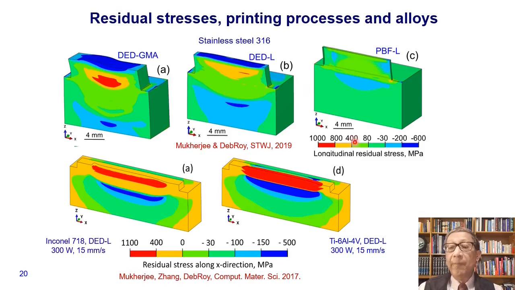We can also compare different alloys for the same processing conditions to see which one is more susceptible to distortion and residual stress, and those calculations are also much more accurate than doing it simply by the commercial codes, because most of the commercial codes like ANSYS and Abaqus do not take into account the flow of liquid metal inside the pool, and therefore the temperature fields computed by the commercial codes are not as good as they can be.